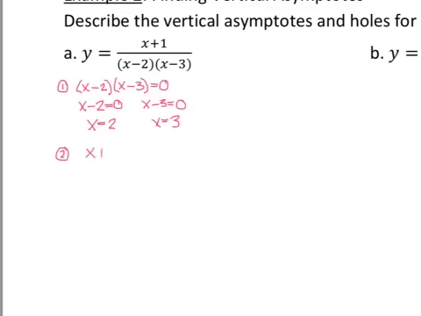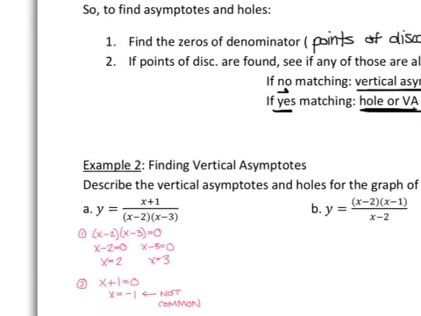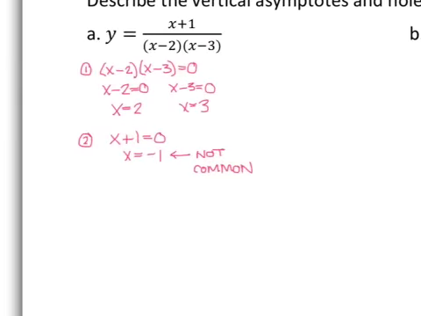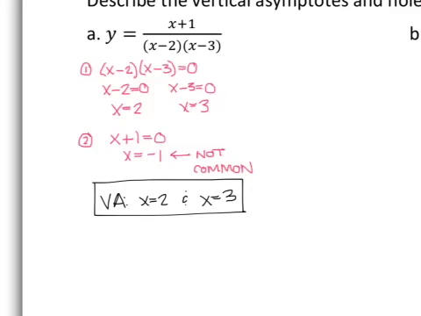So we set the numerator equal to 0 and get x equals -1. That's not common between the two. -1 was not one of the zeros of the denominator. No matching means they're vertical asymptotes. So the vertical asymptotes are x equals 2 and x equals 3. That would be your answer. Ta-da!